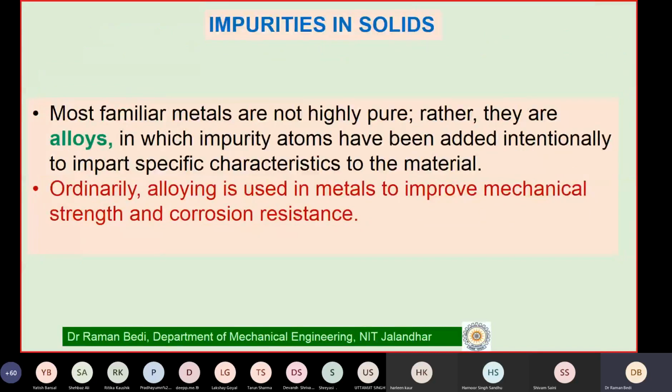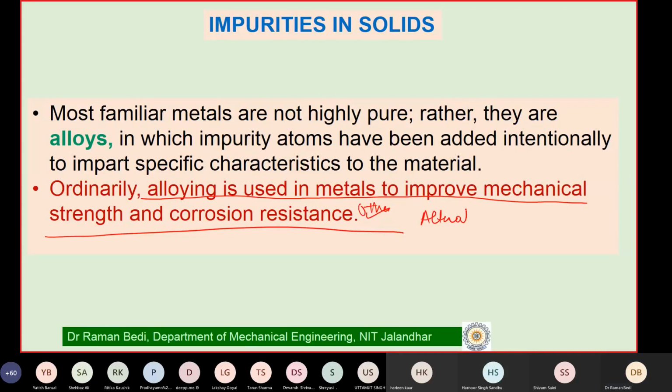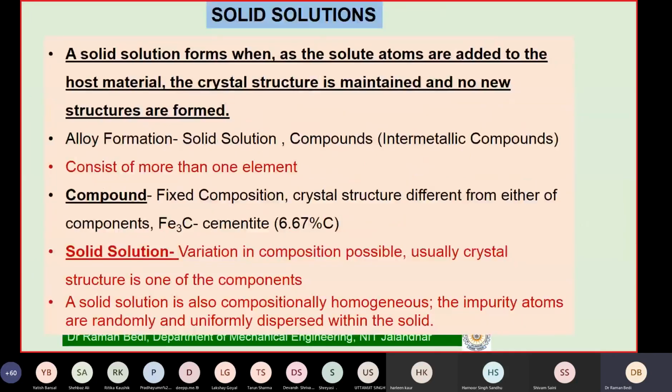So when you are adding impurities knowingly into the pure metal, we say we are creating an alloy. Ordinarily, alloying is used in metals to improve mechanical strength, corrosion resistance or other properties. So you want to alter the properties, and alteration of properties is possible with the help of alloying. That's why we alloy.